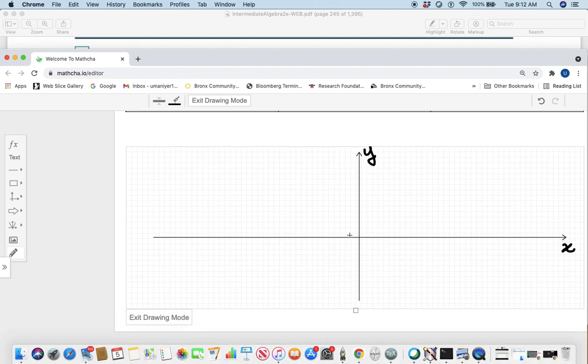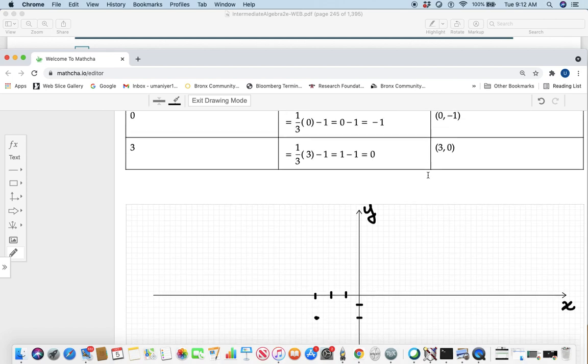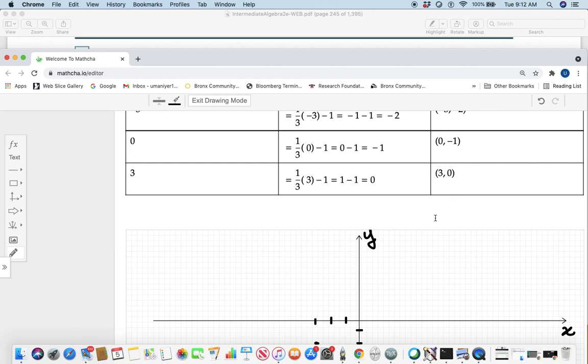The first point is -3, -2. So on the x-coordinate, -3. On the y-coordinate, -2. If these are equally spaced, then your line will be clearly drawn. Okay, that's your point. The second point is 0, -1.